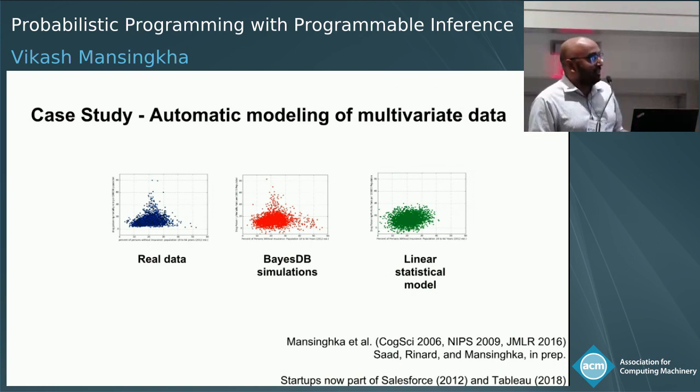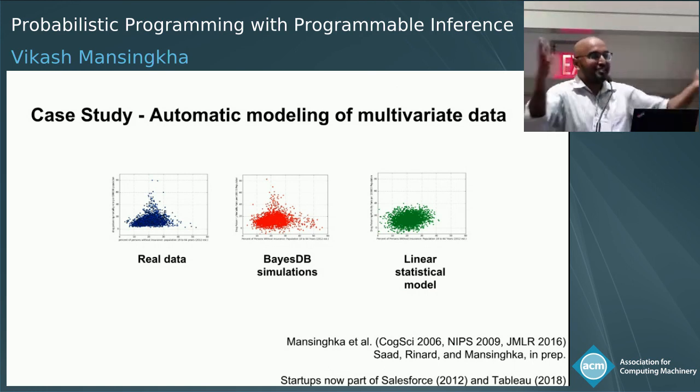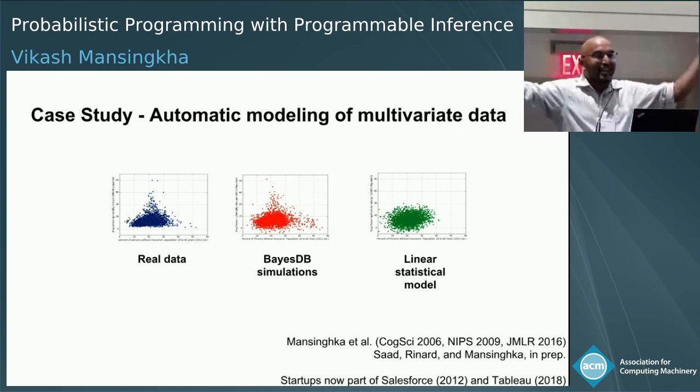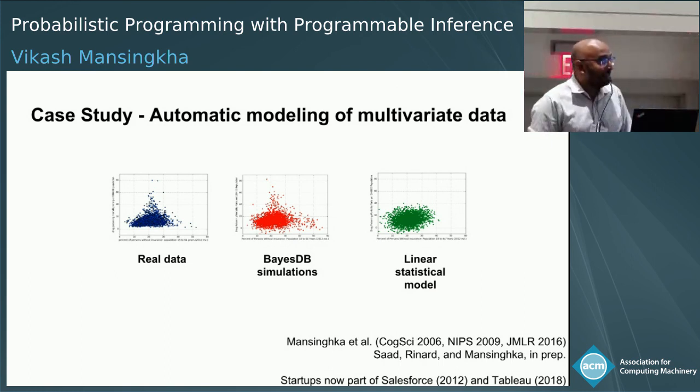A third case study is automatic modeling of multivariate data, like from database tables. I'm not going to spend too much time on the details here, but this type of system, again, has seen a bunch of real-world use. It involves going from data to models that capture the basic variation in a maybe moderate dimensional space, like a couple hundred dimensions. A database table with maybe a couple hundred fields, let's say.